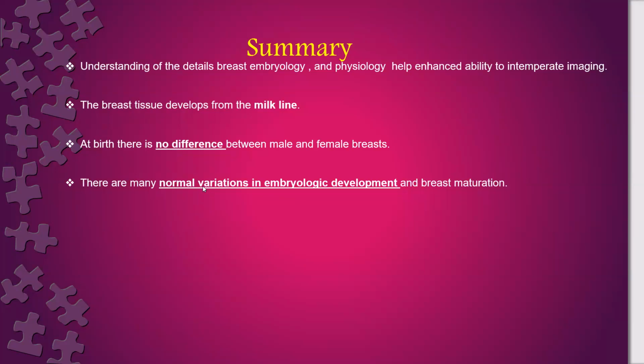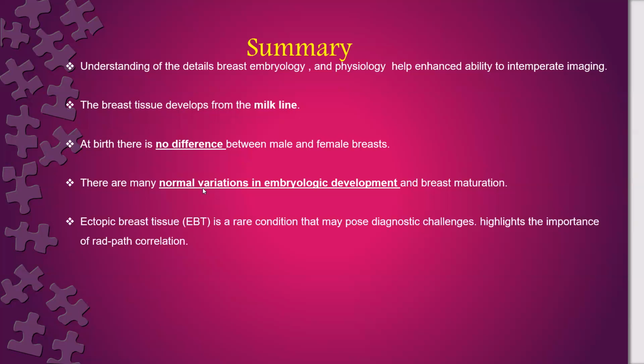The latest one is what? We call it what? Tuberous breast. And the ectopic breast is a rare condition, but it might pose a diagnostic challenge that highlights the importance of radiology pathology correlation. And the pubertal growth is due to gland as well as fibro-fatty proliferation.